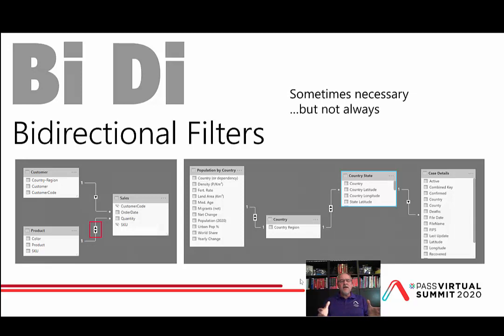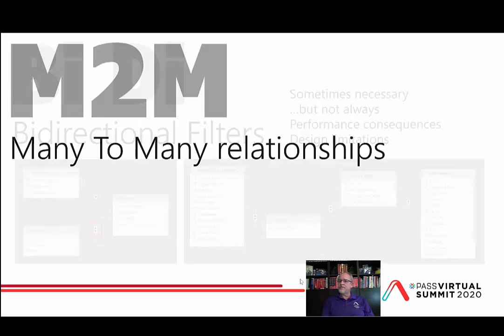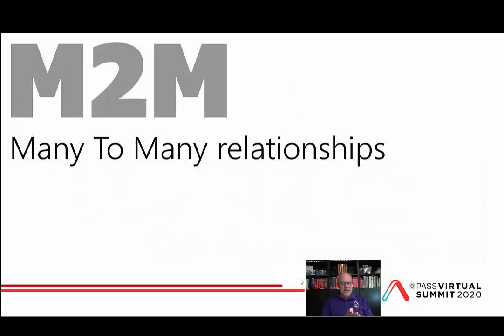And if you're dealing with a lot of data and you're starting to see performance costs, there are other approaches. There are different ways to approach this. And there are also design limitations when you use bidirectional filters, particularly when you're applying row-level security. All right, many-to-many relationships. And we'll step off and we'll take a look at some demonstrations.